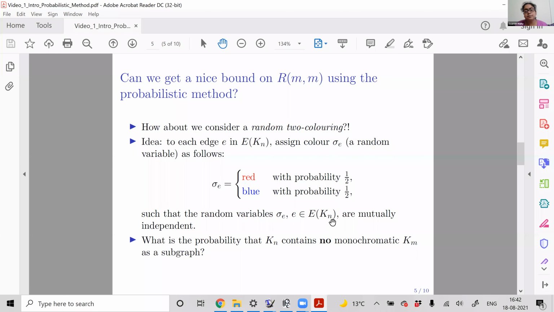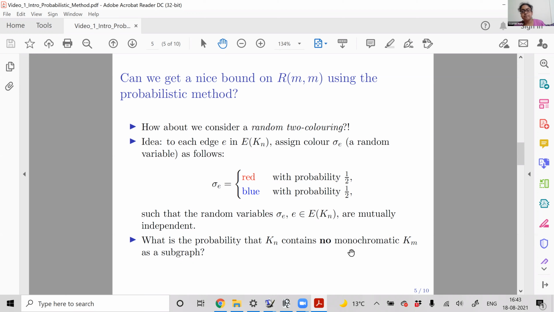So then what is the probability that K sub n contains no monochromatic K sub m as a subgraph? Basically, I'm trying to get a lower bound on R(m, m), and I'm trying to see for what values of the positive integer n it is possible for you to come up with a coloring. Again, this links to the original question.